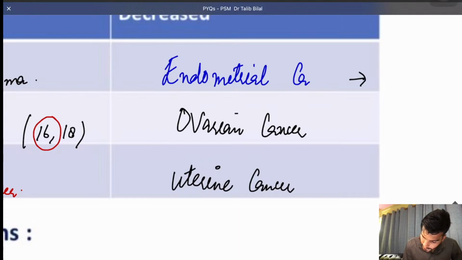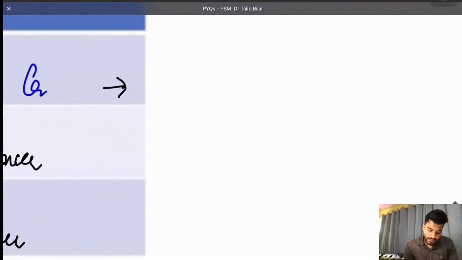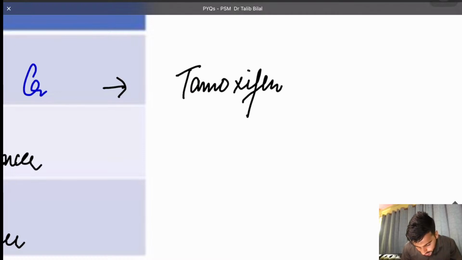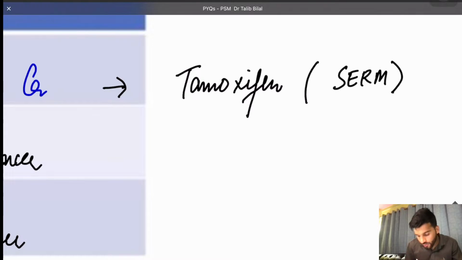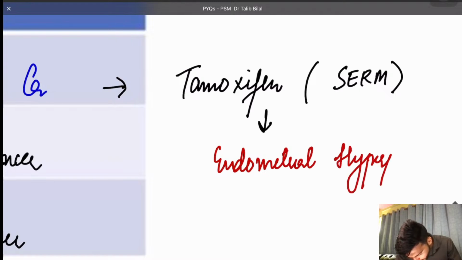But endometrial cancer is increased because of a drug called tamoxifen. It belongs to the class of selective estrogen receptor modulators. What does tamoxifen do? It causes endometrial hyperplasia. This is again a PYQ asked multiple times.